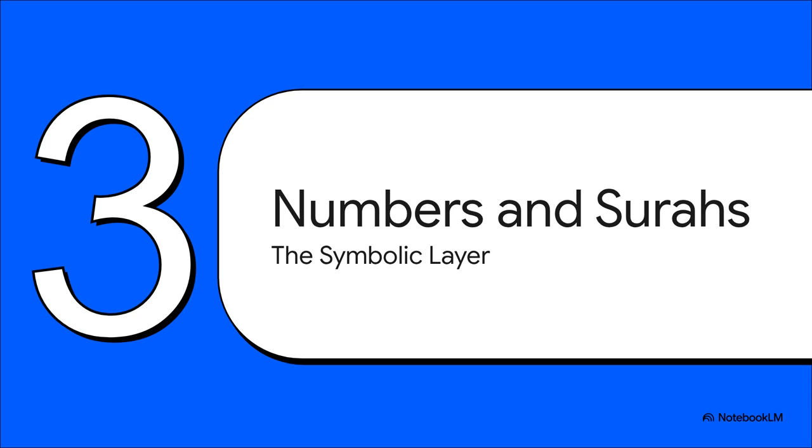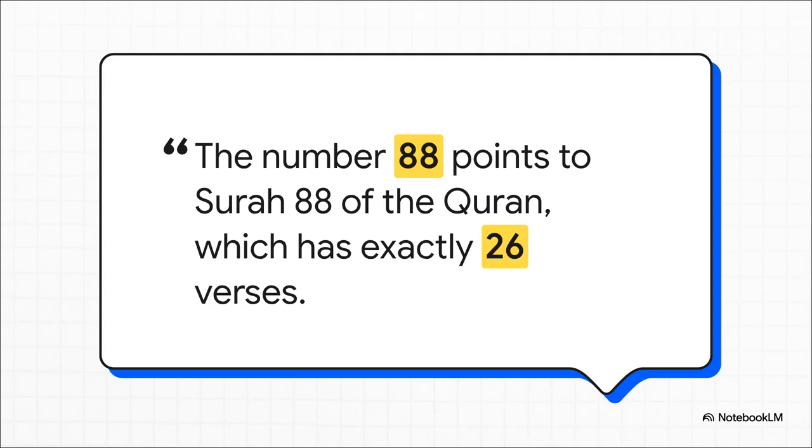In this case, it's specific chapters or surahs from the Quran. This is the key that unlocks the whole puzzle. In this system, the number 88 isn't just a value, it's a pointer. It points to the 88th chapter or surah of the Quran, and that surah contains, you guessed it, exactly 26 verses. There's our missing number.